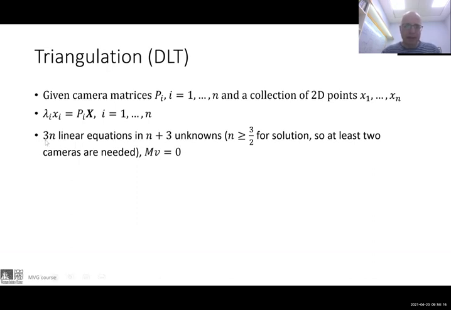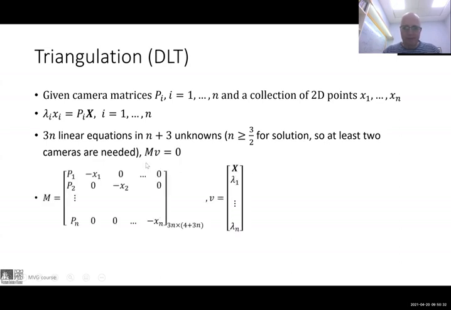Now, the equations are linear, and notice also that they are homogeneous, right? Because you have unknowns in every term here. So we can write this as Mv equals 0, where we rearrange everything in a matrix. The unknowns are capital X, lambda 1 to lambda n, and M are the coefficients.